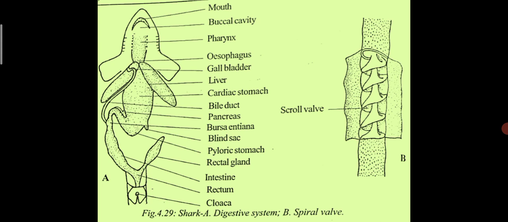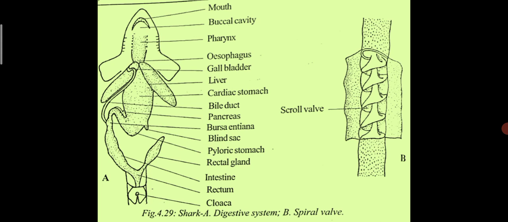Liver is very important and has many roles in the shark digestive system. It is followed by the cardiac stomach, then the bile duct and pancreatic duct. The intestine is lined with a mucous membrane, which is folded to form a valve-like structure.